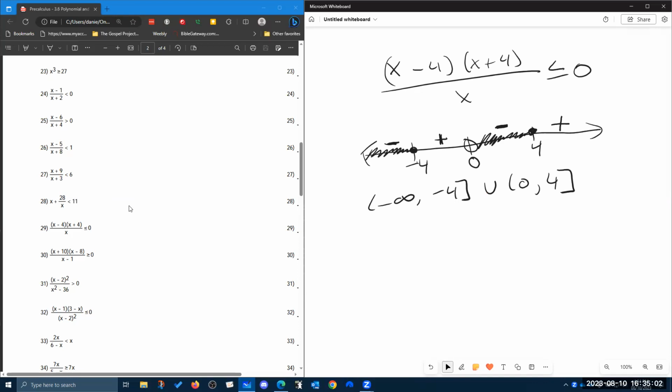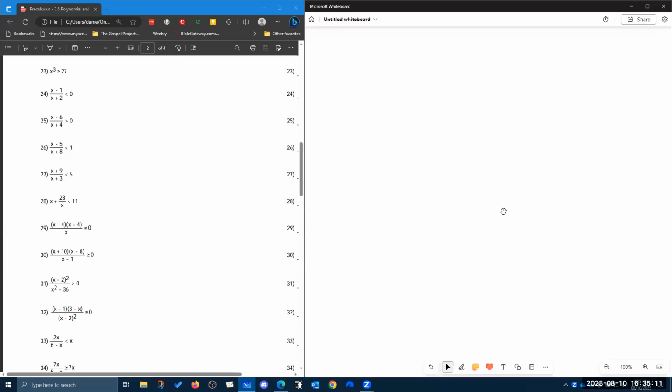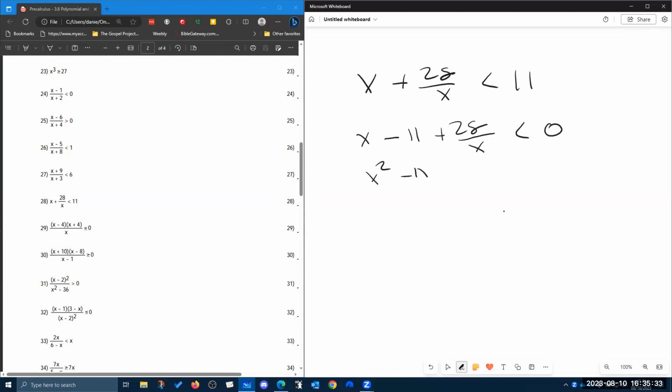Let's try something where the right-hand side is not equal to 0 yet. Something like this. So we're going to make a common denominator.